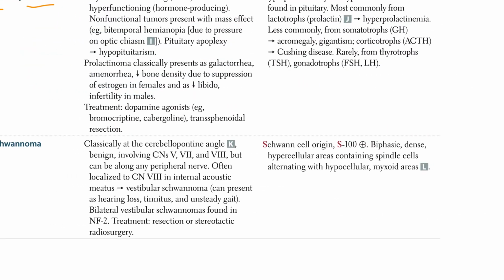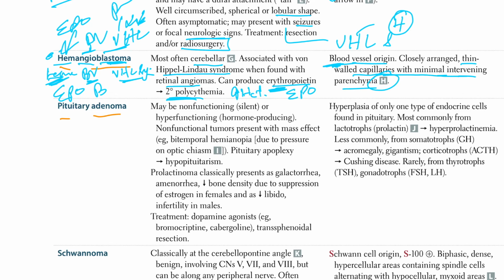Well, pituitary adenoma is most common. Also important. Again, it's very simple. First of all, you can have a non-functional, which is known as a silent tumor, or hyper-functioning, meaning a hormone-producing tumor. Now, the non-functional, meaning whatever the adenoma is in the pituitary, it's non-functional.